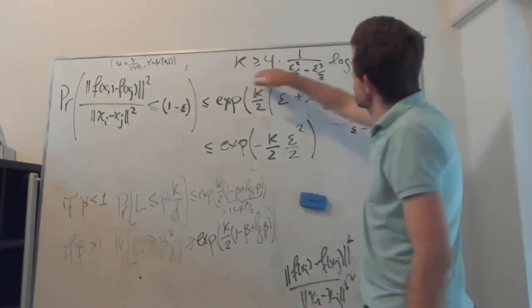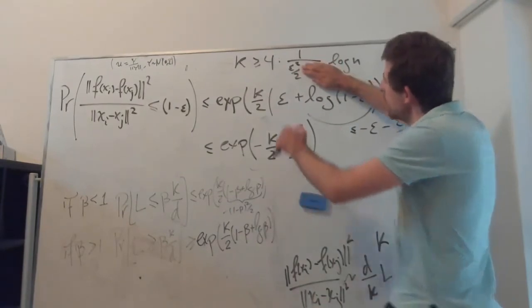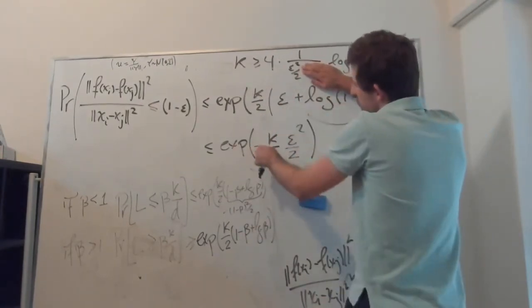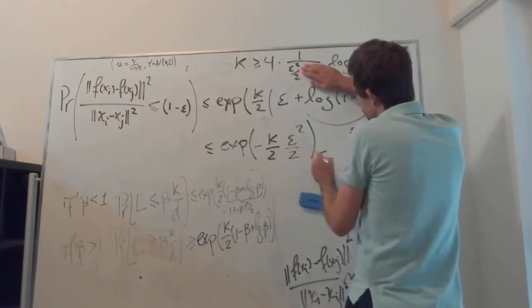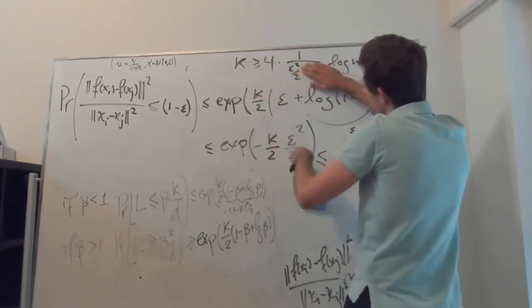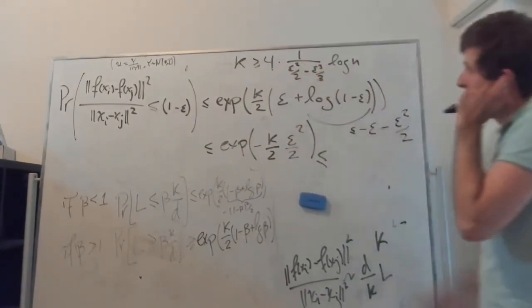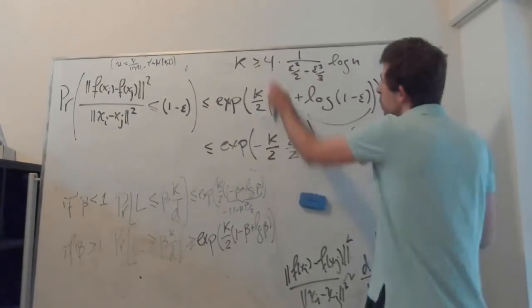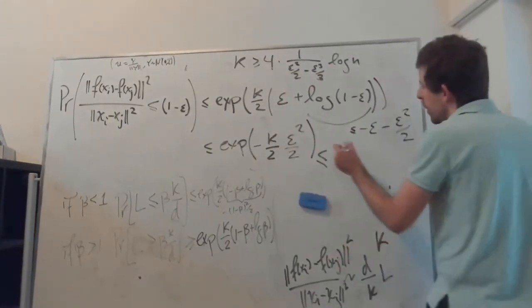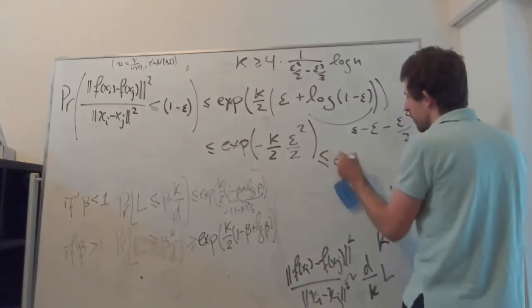So if k is bigger than this, it's also bigger than this without this number. And so I can now replace, because there's a minus, k by this quantity without this number. The epsilon squared over 2 cancels with this epsilon squared over 2. Then 2 shoves off a factor of 2 of the 4, and so I get 2 log n. Oh, sorry, an exponential of 2 log n.